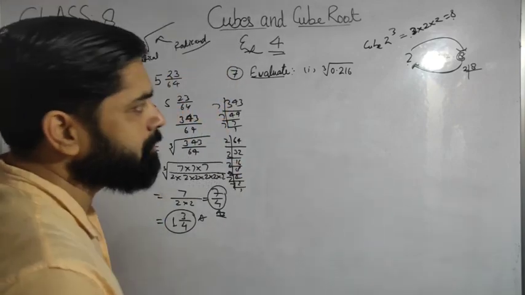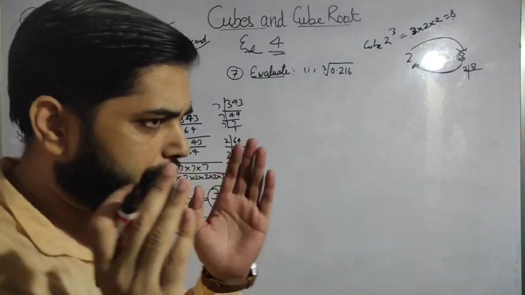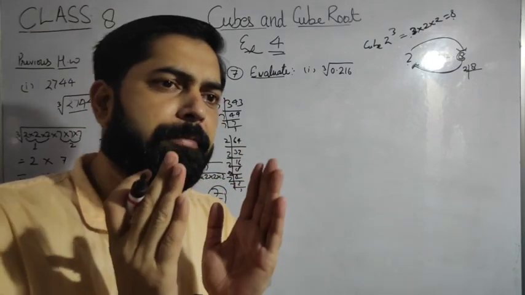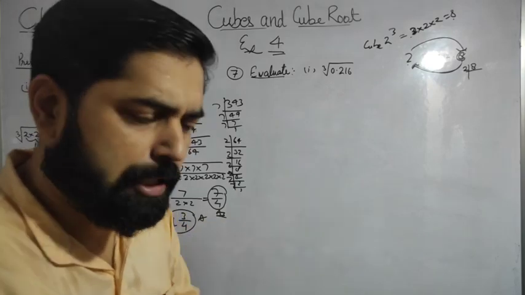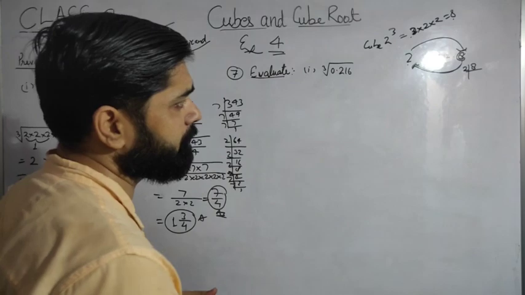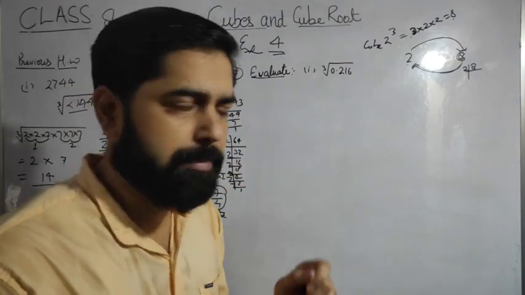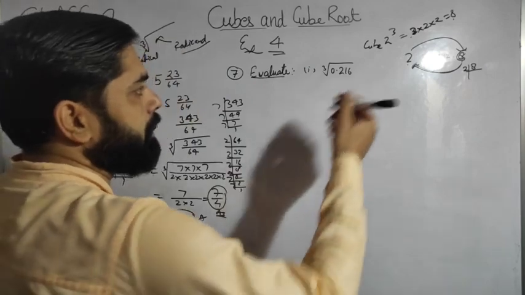Denominator will be 1000. So if you get a decimal number anywhere, how can we find its cube root? Firstly, we convert it into fraction form.